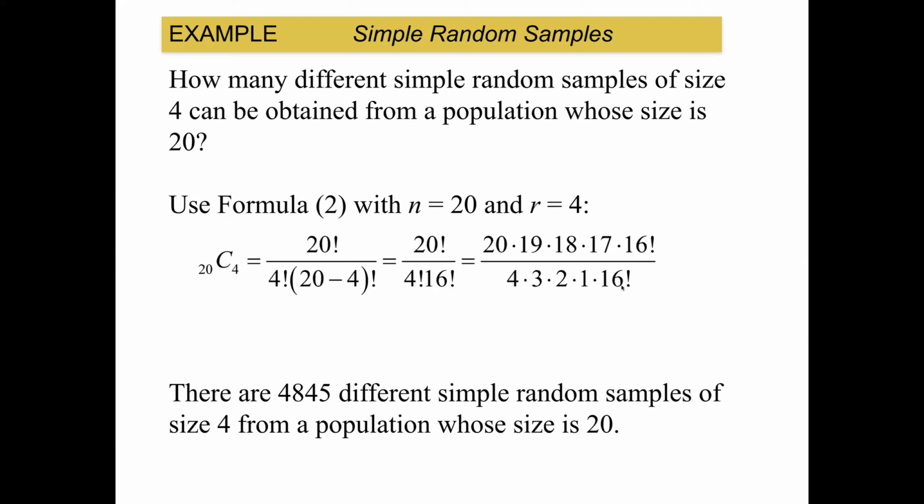We know we're going to eliminate this. And now it's 20 times 19 times 18 times 17 divided by 4 factorial, 4 times 3 times 2 times 1. After the elimination of 16 factorial, we can put it in a calculator and get 4845. There are 4845 different simple random samples of size 4 from a population whose size is 20.